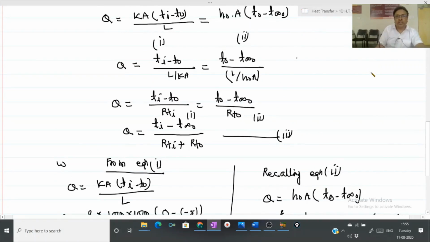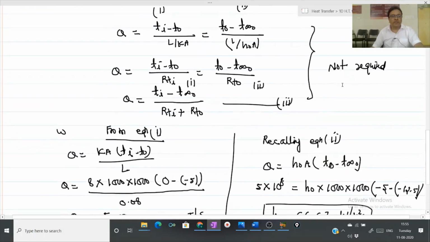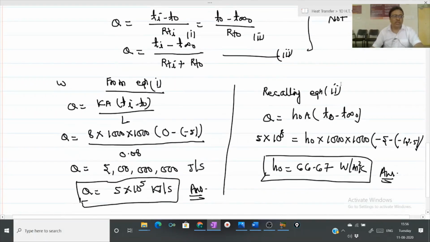So actually these two steps are not required. You can directly, after writing equation 1 and 2, recalling the individual equations, easily calculate heat transfer rate and convective heat transfer coefficient for outside air.